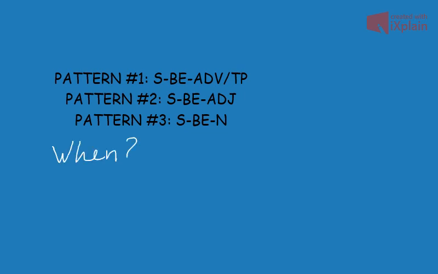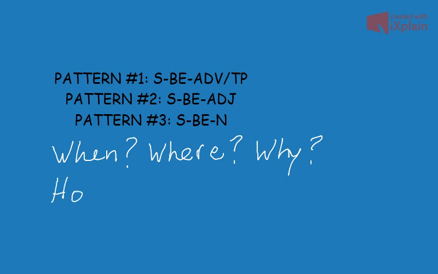Let's move our focus to the end of each of the sentence patterns. Pattern number 1 ends with adverb, time, or place. There are 6 questions that an adverb can answer: when, where, why, how, for what purpose, and under what condition.